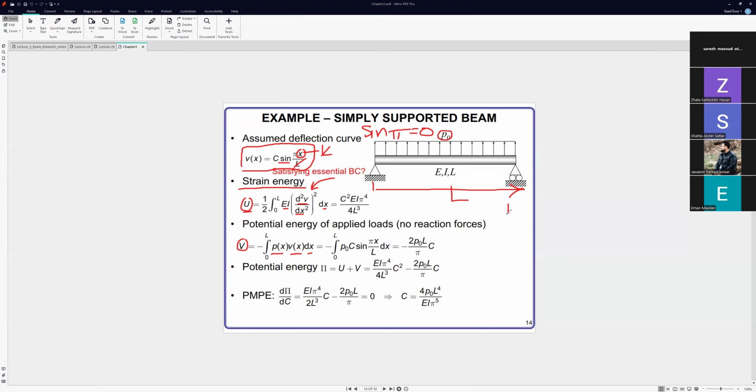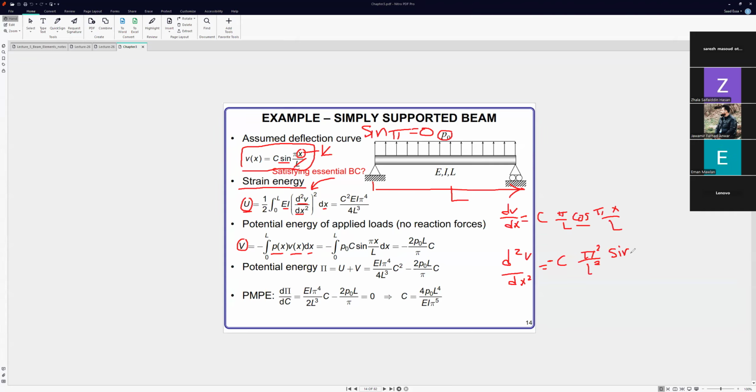So you should make the derivative dv over dx of this function, which is equal to C times pi over L cosine pi x over L. Now the second derivative is equal to C pi squared over L squared, and now minus, because the derivative of cosine is minus sine, sine pi x over L. And you should put this one here.